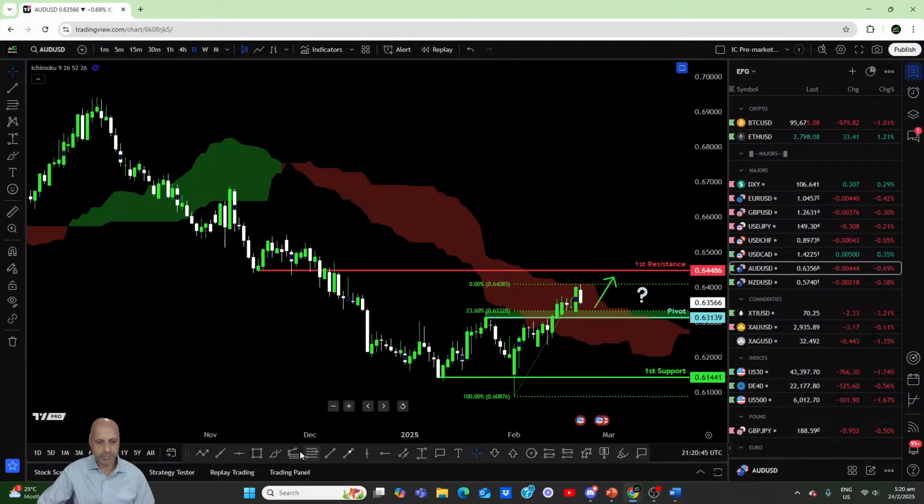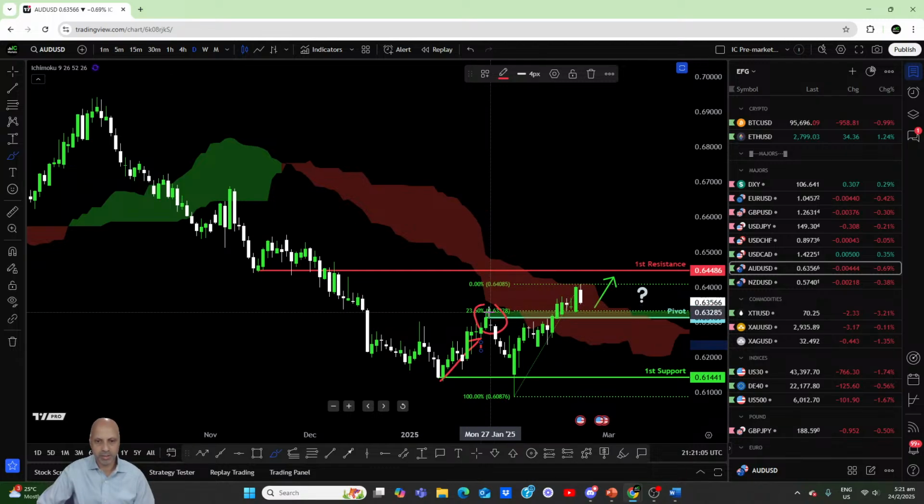Now when we look at this level here, you can see previously as the Aussie was retracing higher from mid-January till the 3rd week of January, it stalled at around 63.30, right?